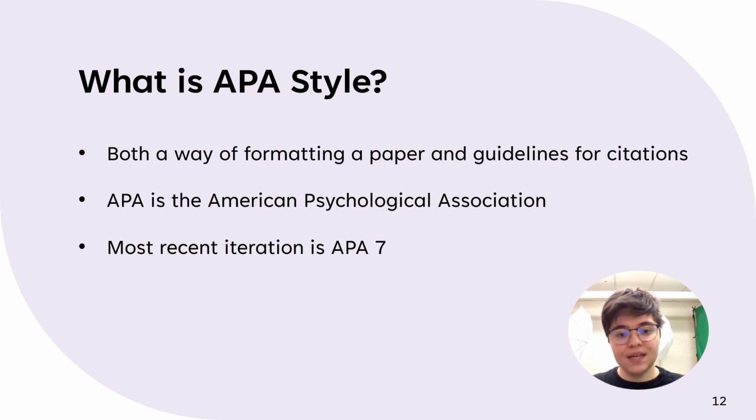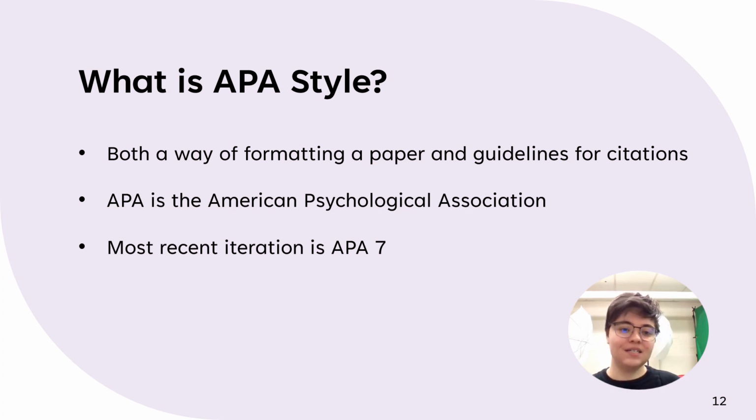What is APA style? What we call APA style is a very specific way of formatting a paper and creating source citations. APA stands for the American Psychological Association, so you can imagine why you might be using it for a psych class.